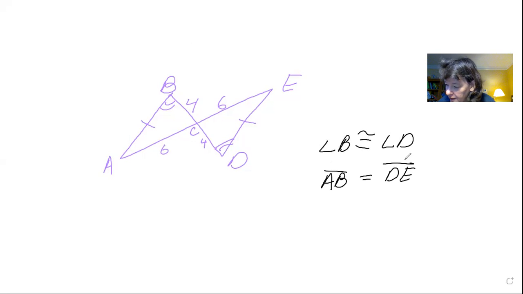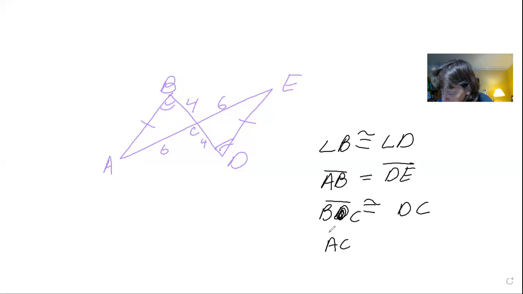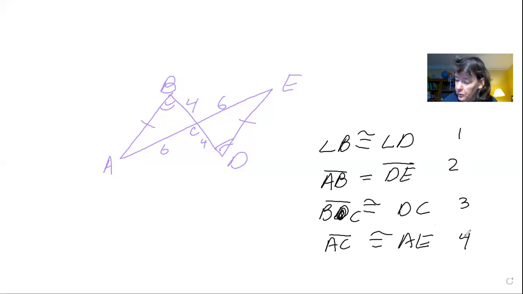Because BC and CD are both 4, we know that BC is congruent to DC. And we also know, since AC is 6 and CE is 6, that AC is congruent to CE. So that gives us 1, 2, 3, 4 things based on the drawing. So we have one angle and 2 sides.